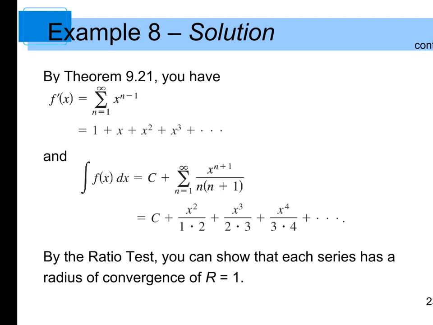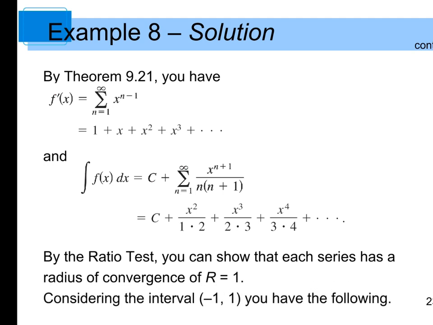By the ratio test, you can show that each series has a radius of convergence of r equals 1. Consider the interval from negative 1 to 1.